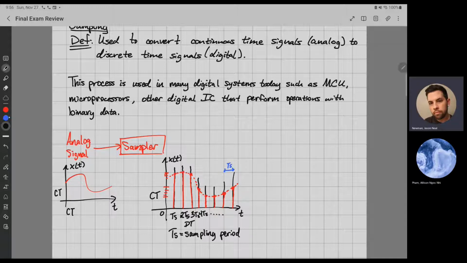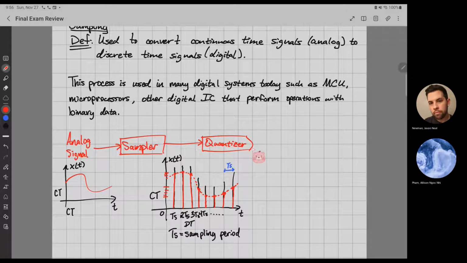It's still in continuous time and it's not usable. So the sampler needs to do something else. And that something else is what's called a quantizer, which you guys are aware of. And the quantizer is the device that truly turns this semi-continuous output waveform into discrete.